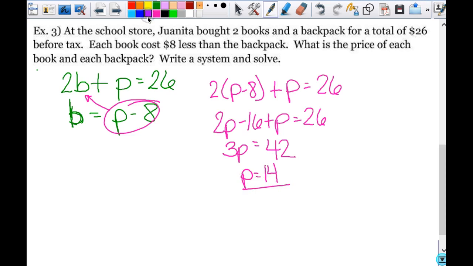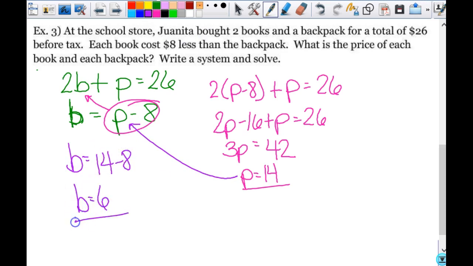So then I've got to take this and I plug it in here. You actually write it down, even though it may seem ridiculous. 14 minus 8, which means B equals 6. Or X or Y or whatever letter you used, right? But whatever letters you used, this 6 should represent your books, and the 14 should represent your backpacks.